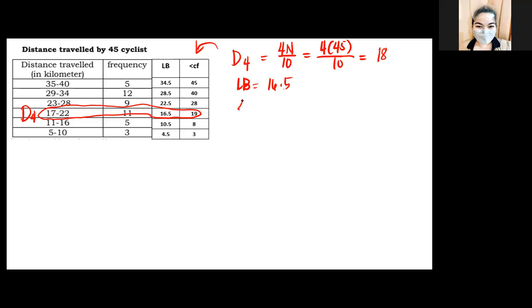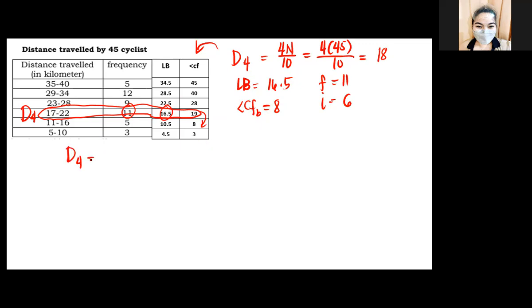Ano pa? Yung cumulative frequency below is 8 and the frequency is 11. Yung kinuha natin kanina, frequency naman tayo ngayon, that's 11. And yung i natin, 6 na yun kasi we already know that the class width is 6.